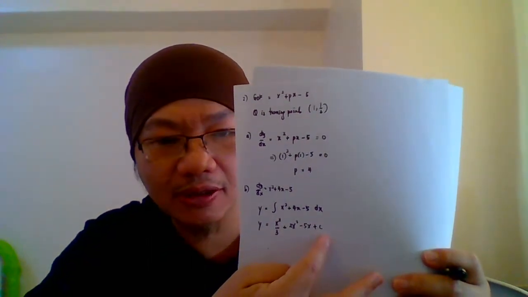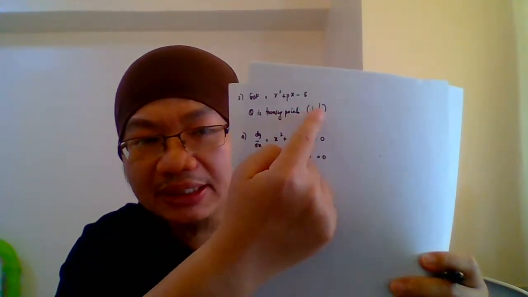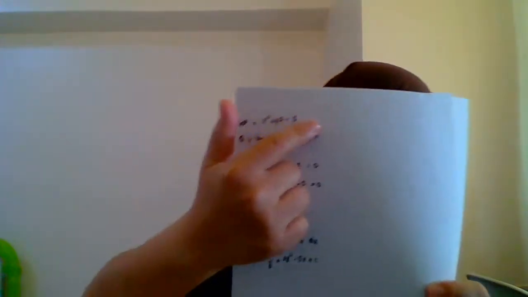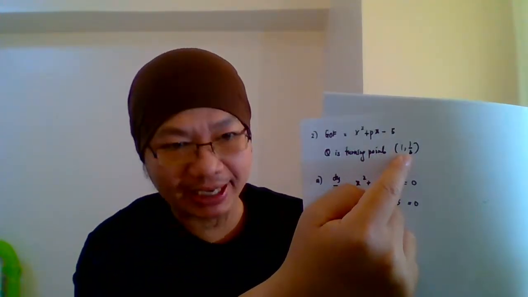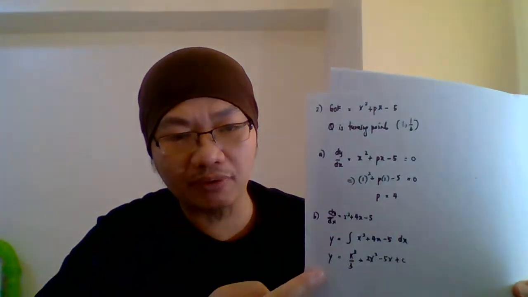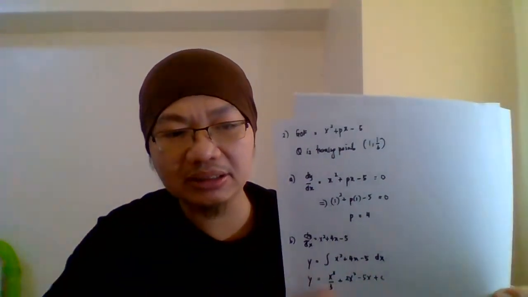So don't worry. So 1 is your x, 1 over 3, right? Yeah, 1 over 3 is your value y. Okay, put it 1 over 3, x is 1, simplify, then you get c. So y is 1 over 3, x is 1 cube over by 3 tambah 2, 1 squared tolak 5, 1 plus c.